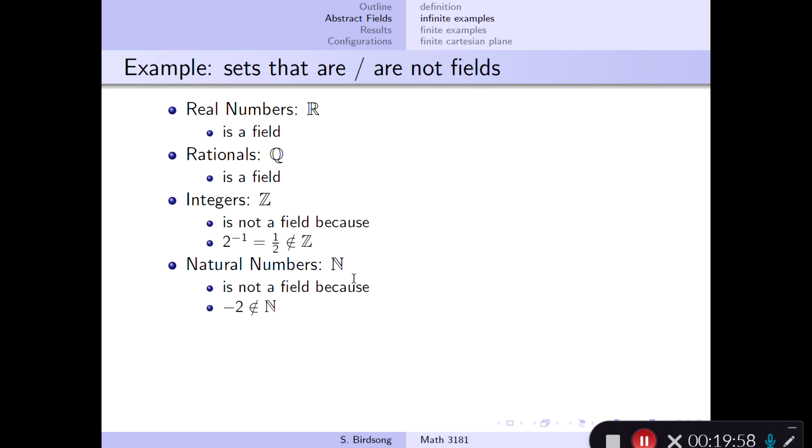Hopefully, everybody is thinking no, so you could have used the same reasoning. And you also have a second reason, and that second reason here is pick on your same number 2. The negative of 2 is the integer -2, which is not a natural number because natural numbers don't include negative numbers. Okay? So this guy here is another set that would not be a field.